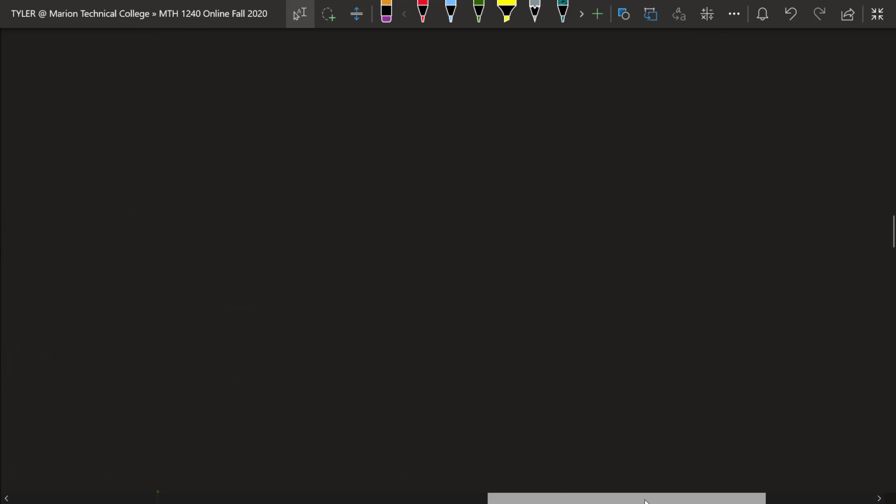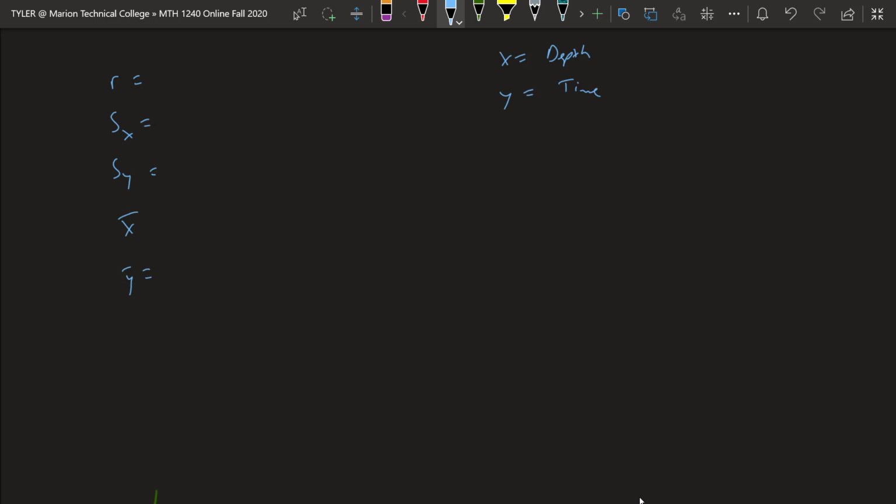So coming off to the side, the things we need to know are the r value, s of x, s of y, and x bar and y bar. As a friendly reminder, the x variable is depth and the y variable is time, that we used before.